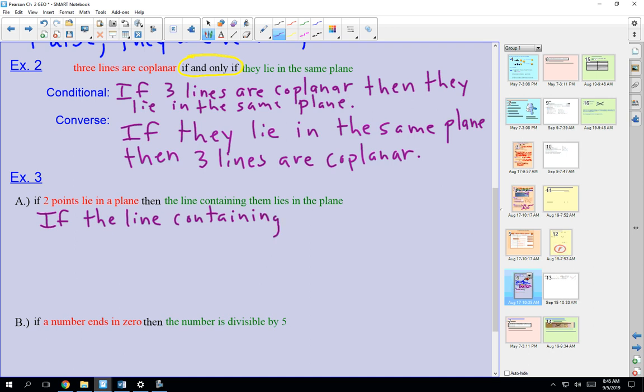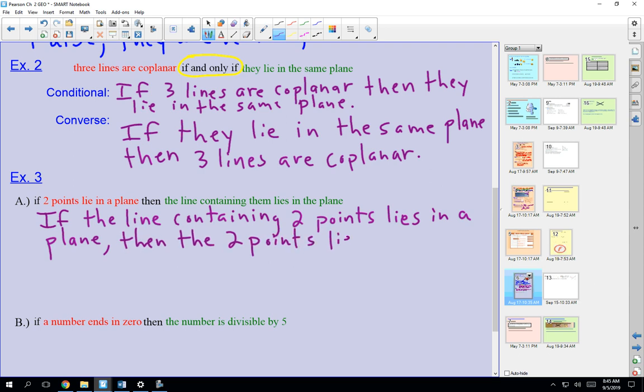If the line containing 2 points, it's the then, lies in a plane, then the 2 points lie in a plane. So we're supposed to decide if both the conditional and the converse are true, and if they are, we're going to write it as a biconditional.